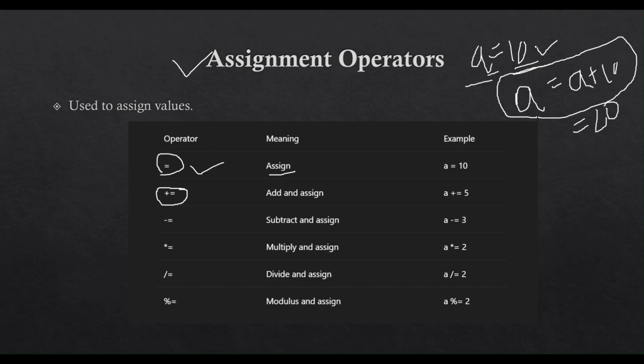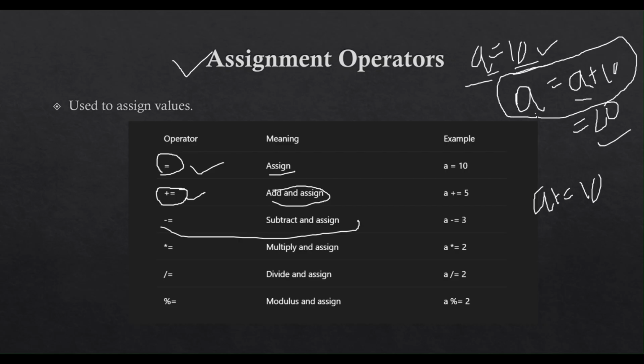So to perform addition and assign, we use plus equals. So we make it a plus equals 10. That's a simple line, no need to write a equals a plus 10.